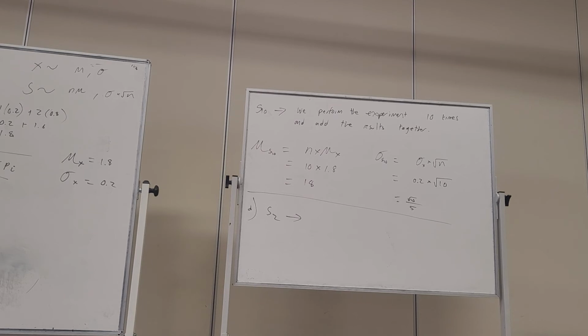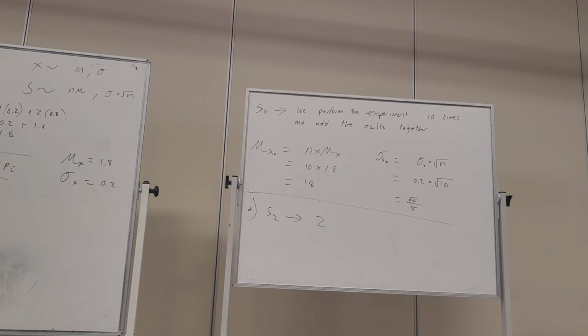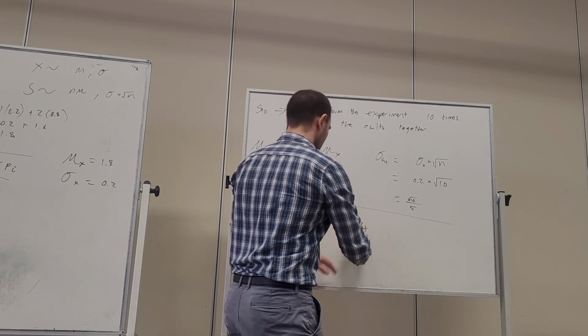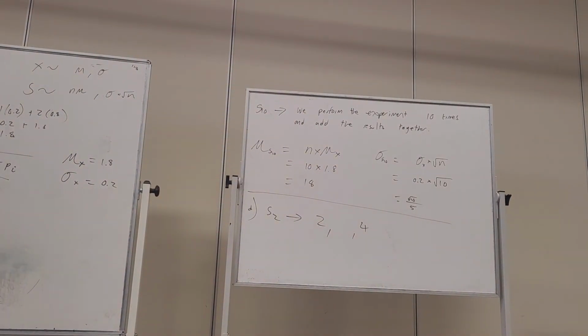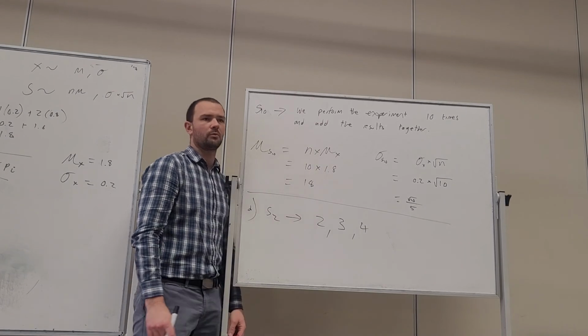The lowest outcome is a 1 and then another 1, so the lowest possible value of S2 is 2. The highest would be a 2 and then another 2, so the highest possible value is 4. There are lots of ways you could get a 2 and a 1, or a 1 and a 2. So the possible values of S2 are 2, 3, 4.